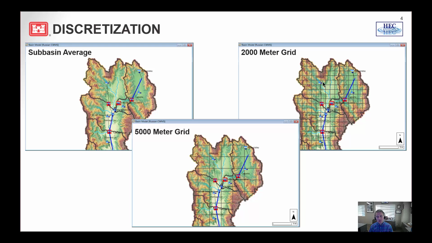You could use the Clark transform method, and if you're using just the Clark transform method, then the subbasin average discretization is really what you're using. So bottom line, experiment with different discretizations, because if you do have a lot of subbasins, you're already capturing the spatial variability of precipitation, and it might not warrant going to a 2,000 meter grid.